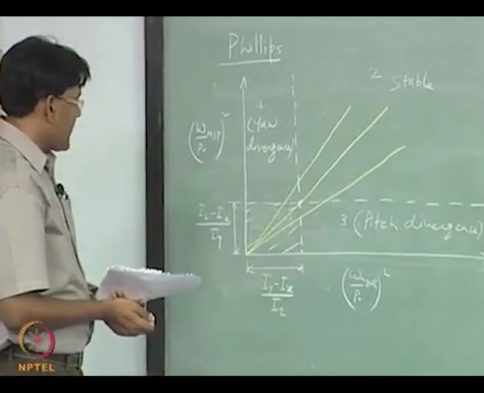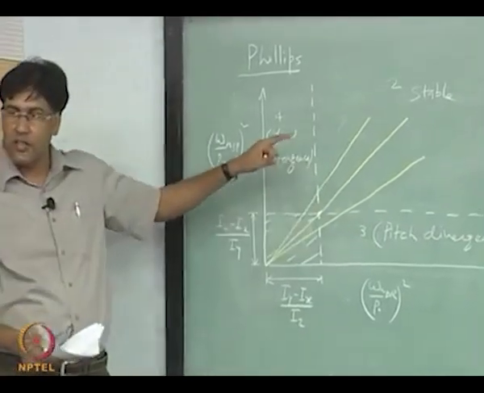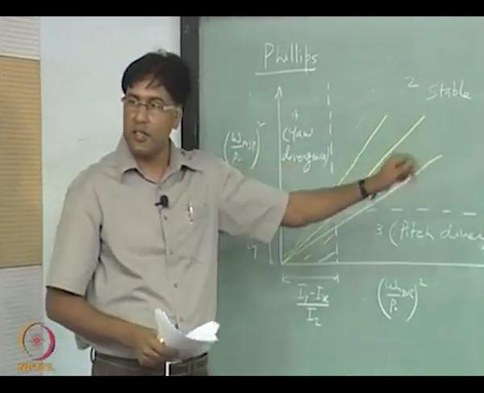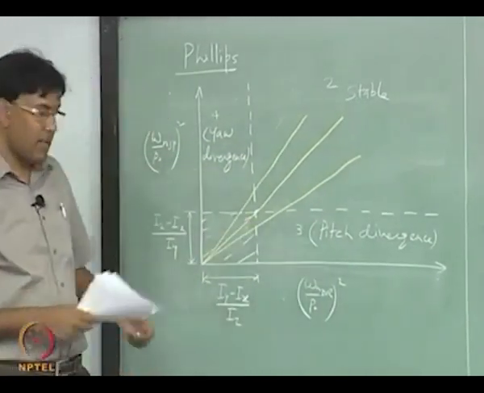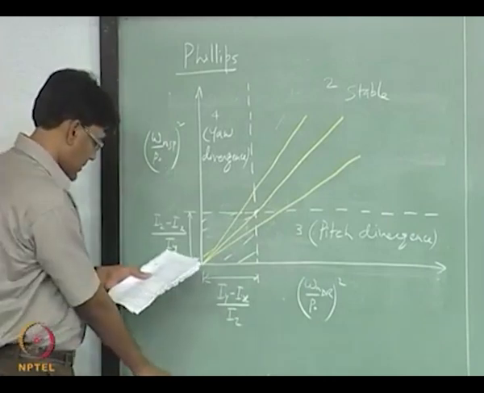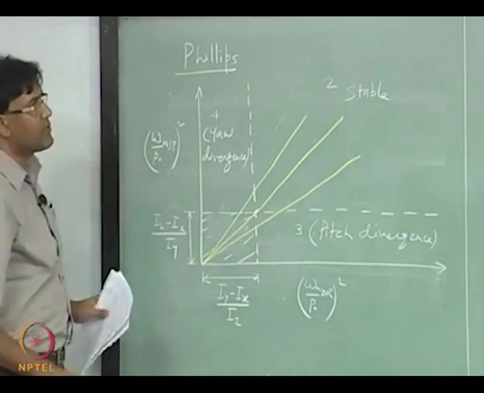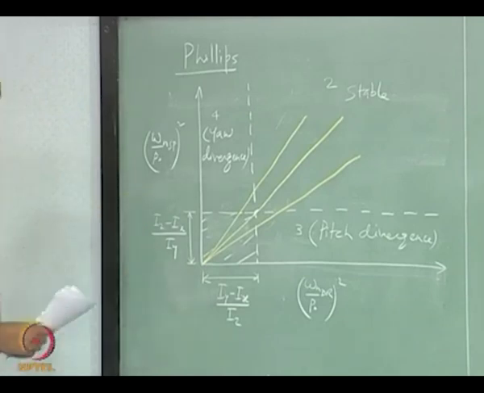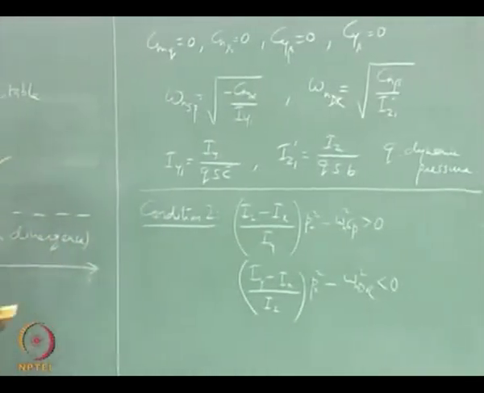Okay. So, he could actually infer a lot of things just by using the Routh stability criteria in terms of aircraft parameters, right. So, this is one of the famous examples of use of Routh criteria to flight dynamics problems. Okay.